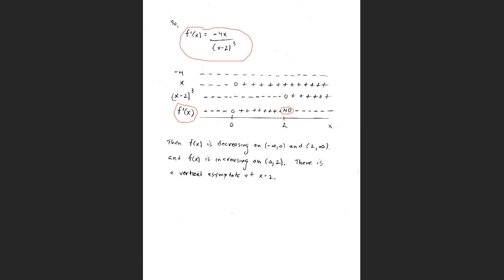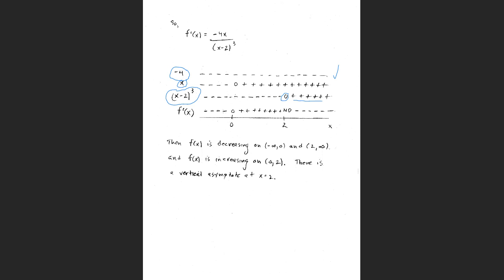So okay. Now what we do is we write down our factors. We have our 4 beautiful factors here. -4 is always negative for any x value. Positive x would be positive when x is greater than 0 and negative when x is less than 0. And x minus 2 cubed, well, we know that factor is going to equal 0 when x equals 2. And certainly it'll be positive when x is greater than 2.